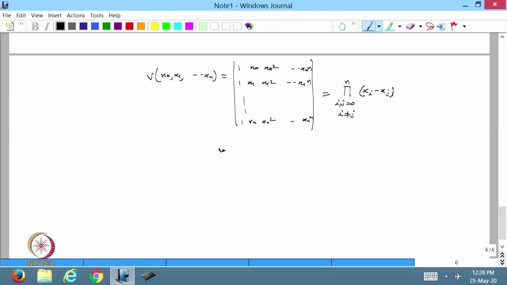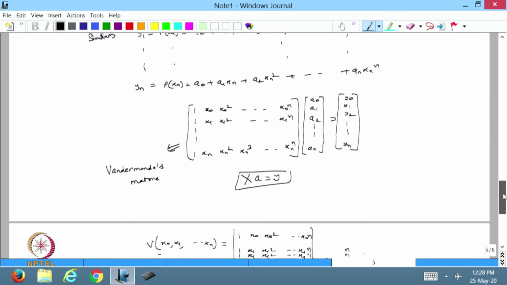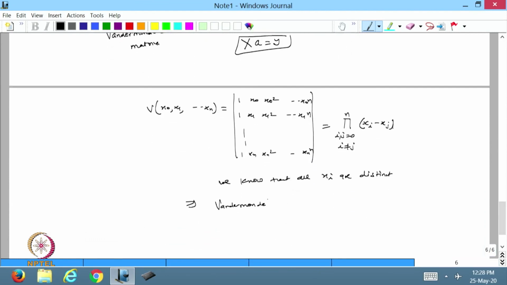We also know that all xi are distinct, which implies that this matrix, the Vandermonde matrix, is non-singular.